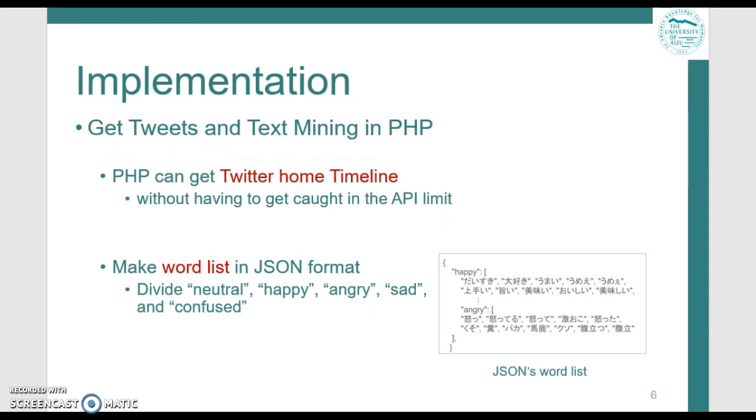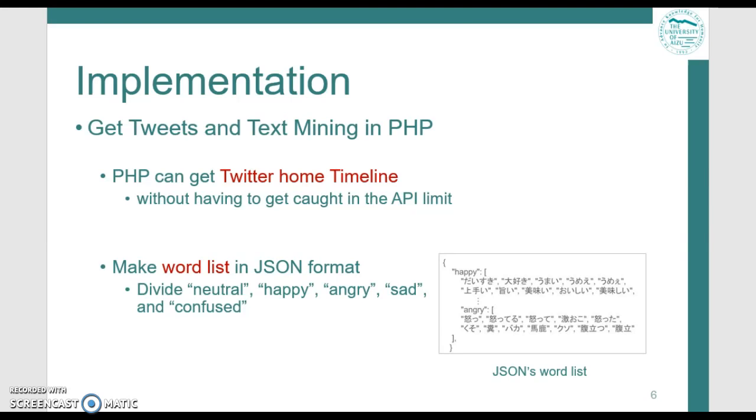After he built the Live 2D model, he implemented getting tweets and text mining in PHP. PHP can get Twitter's home timeline without having to worry about the API limit.